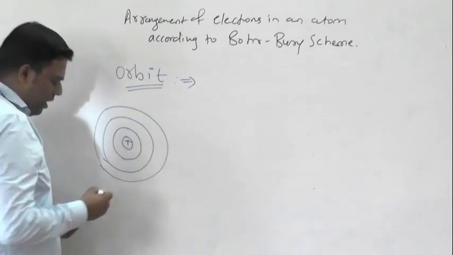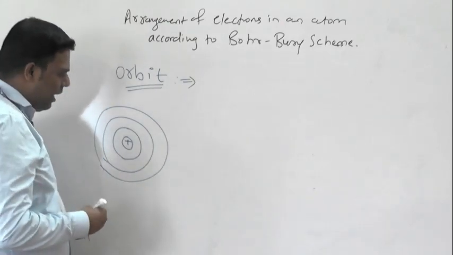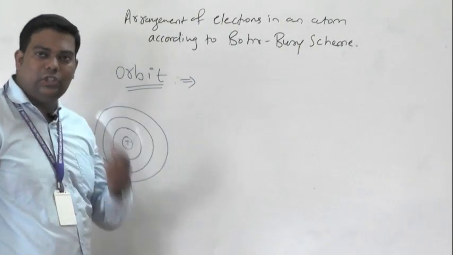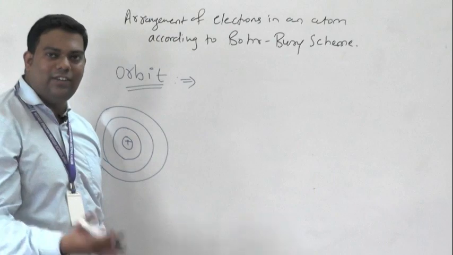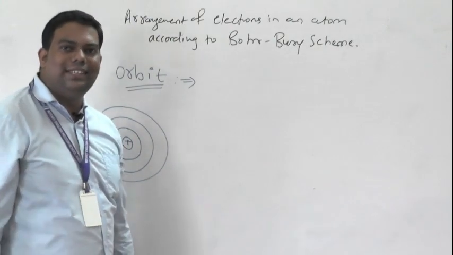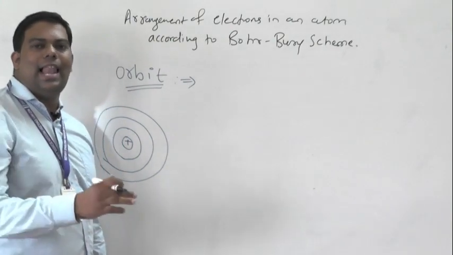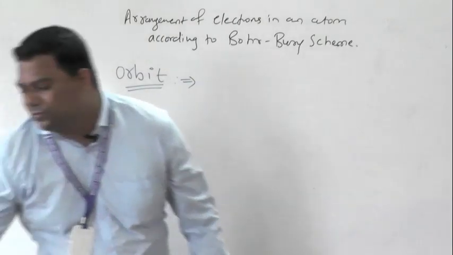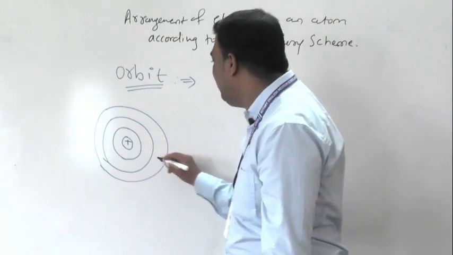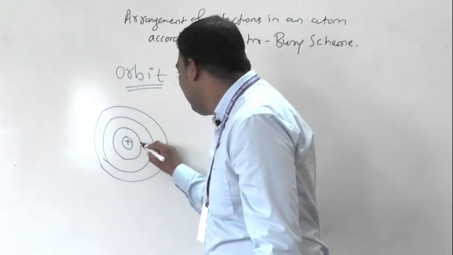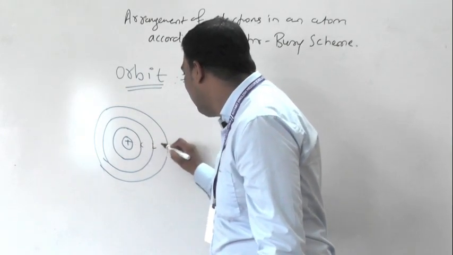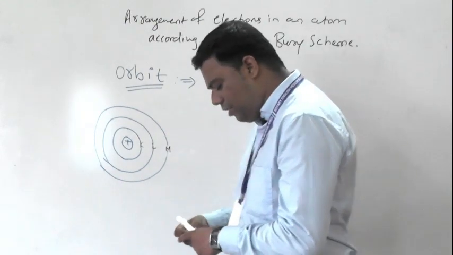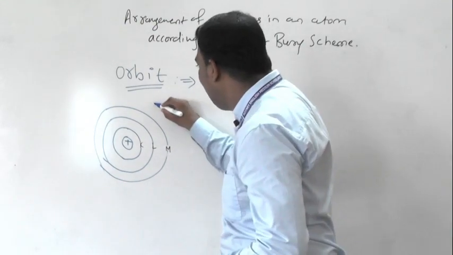Whenever you write like this, the representation is n is equal to 1, n is equal to 2, 3, 4 and so on, and we designate them as K, L, M and N shells also. So this is your K shell, L shell, M shell, and I will draw one more, N shell.